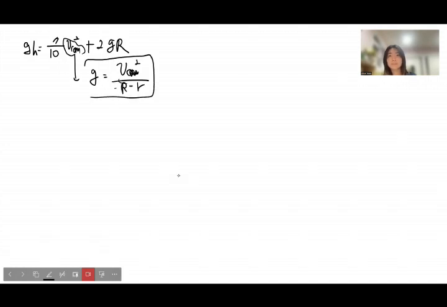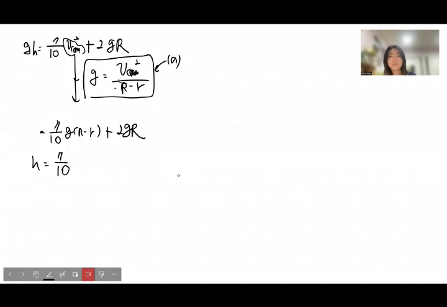That's what you got from condition A. So if you replace that, then that should be 7 over 10 g(R minus small r) plus 2gR. So you rearrange this equation in terms of h, then h is 7 over 10 (large R minus small r) plus 2R, right?